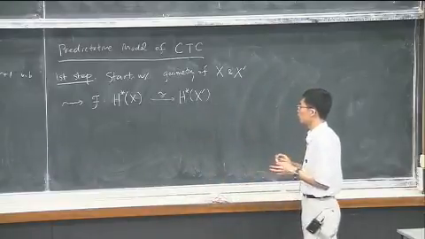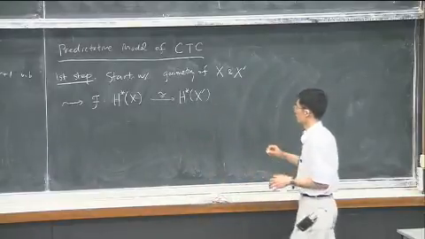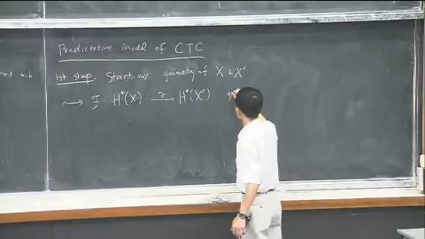Then I'll build the equivalence of their cohomology groups as groups or vector spaces.